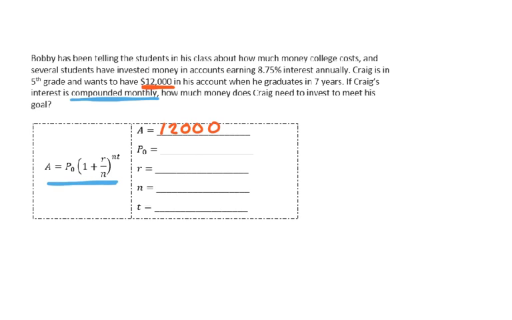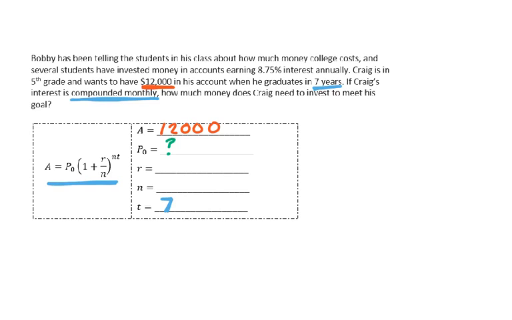The value that we are looking for, that we want to solve for, is this P value, because we want to know how much money Craig needs to invest now, how much this initial value should be in order to have $12,000 after 7 years. So that brings us to our time, 7 years. That means our T value is 7.